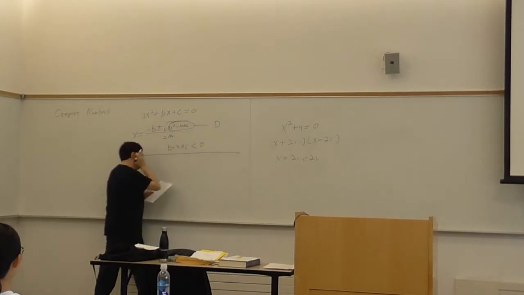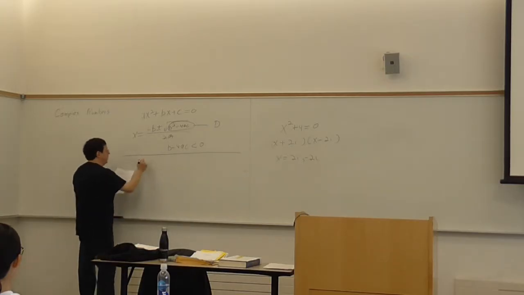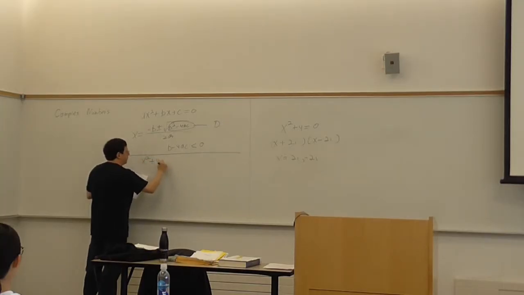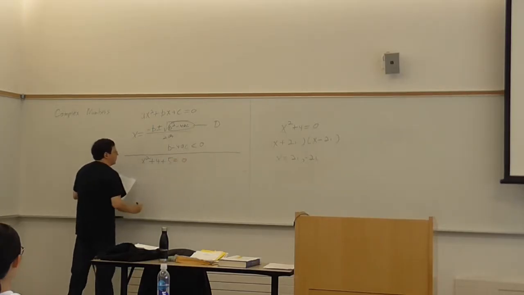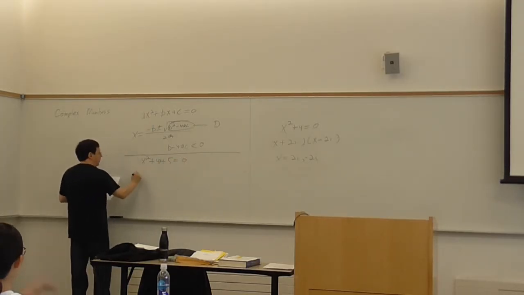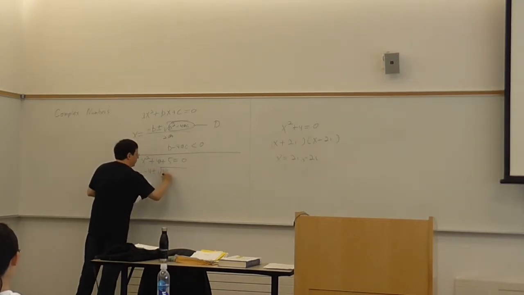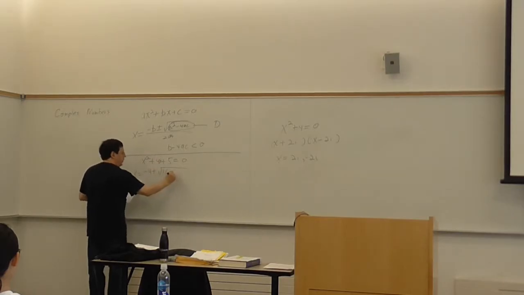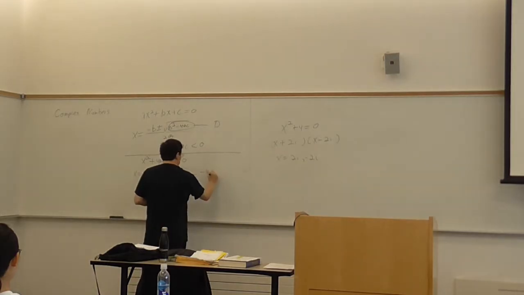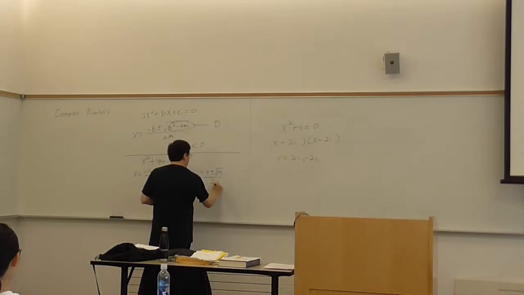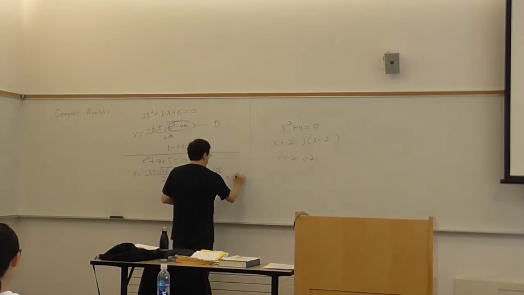Let's just take an example. Say x squared plus 4x plus 5 equals 0. So x will be equal to negative 4 plus or minus the square root of 16 minus 4ac, all over 2, or negative 4 plus or minus the square root of negative 4 over 2, or negative 2 plus or minus i.